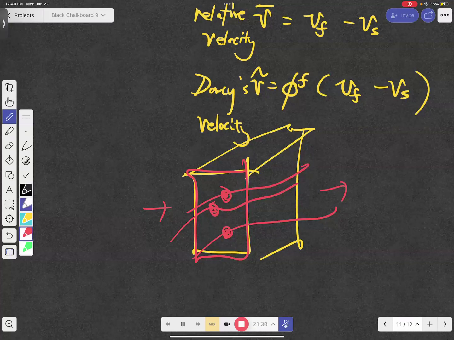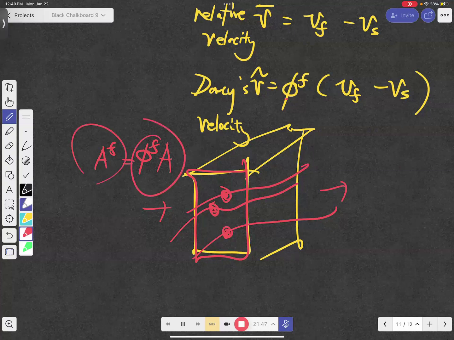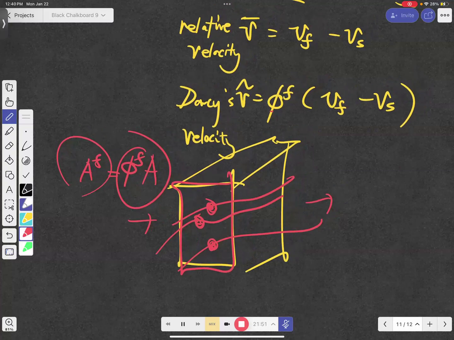This is because the true area of the fluid is related to the volume fraction of the fluid times A. So this porosity term is coming from this. It's related to Henry Darcy, when he used the falling head and constant head, what they can measure is just the mass that is coming out, not the intrinsic velocity.